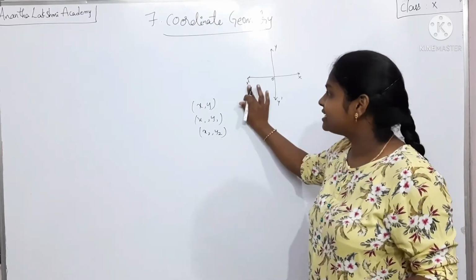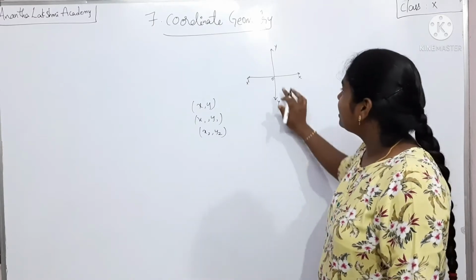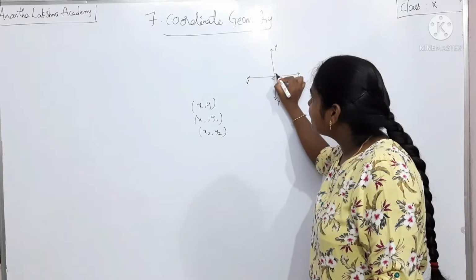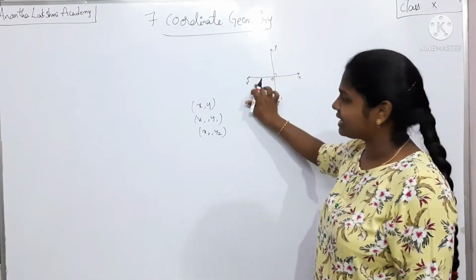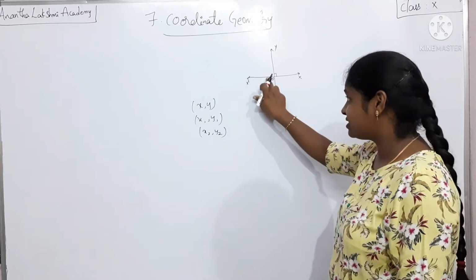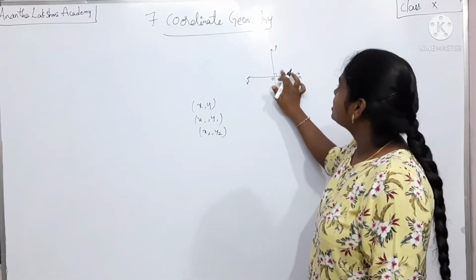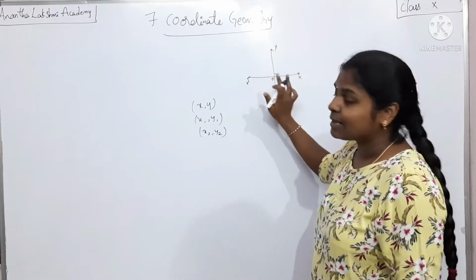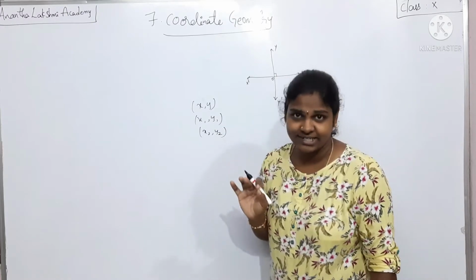X dash indicates the negative x-axis, y dash indicates the negative y-axis. And the angle between the coordinate axis is 90 degrees. X, y, 90 degrees, y, x dash 90 degrees, x dash y dash is also 90 degrees, and x, y dash is also 90 degrees. So the sum of the angles in the coordinate plane becomes 360 degrees.